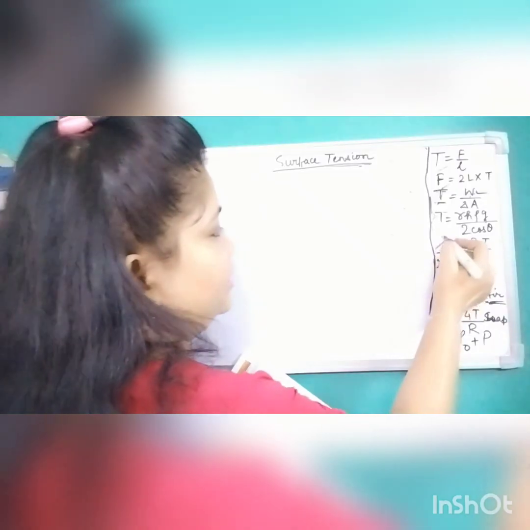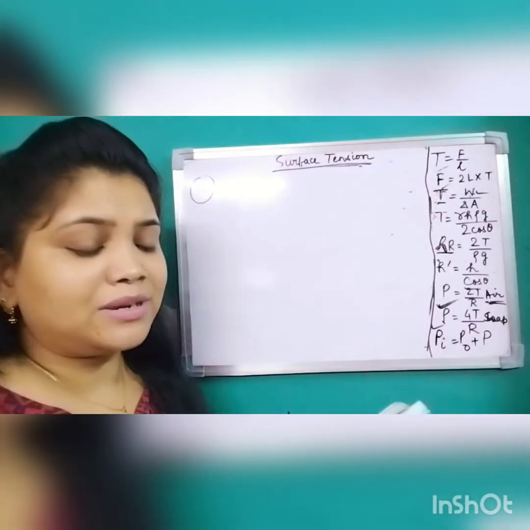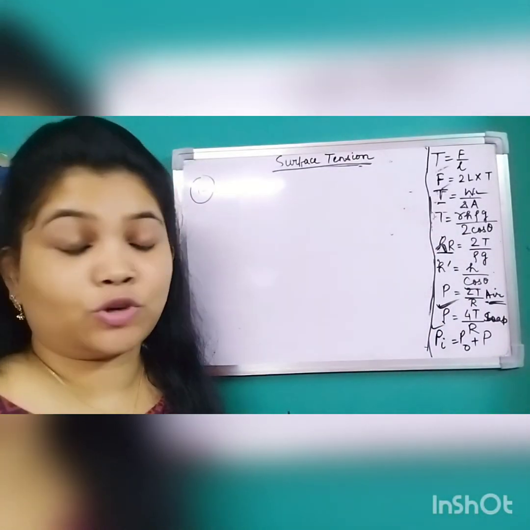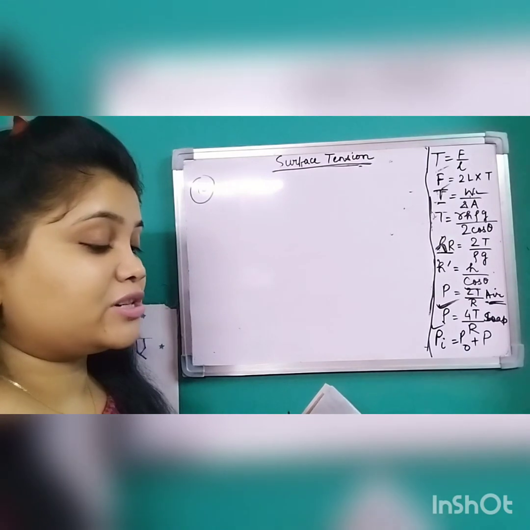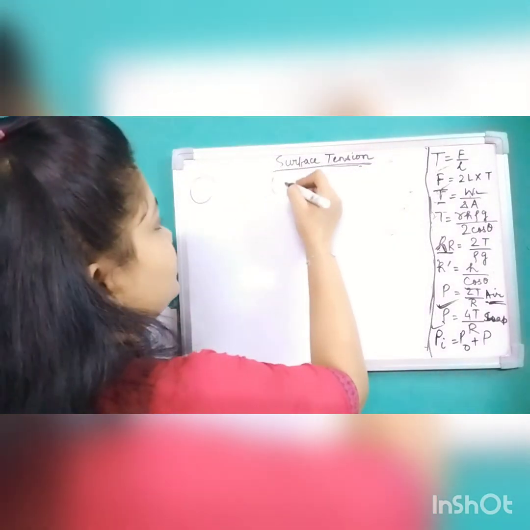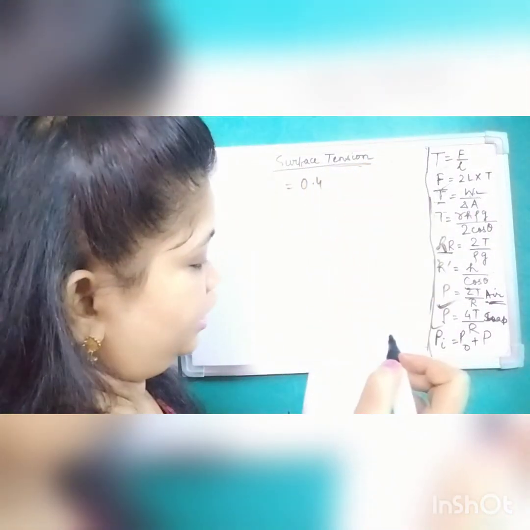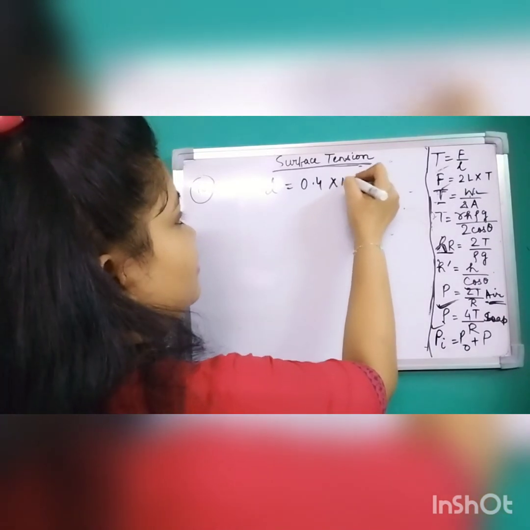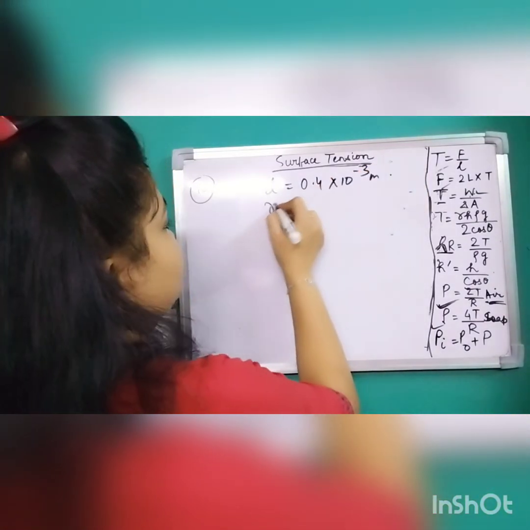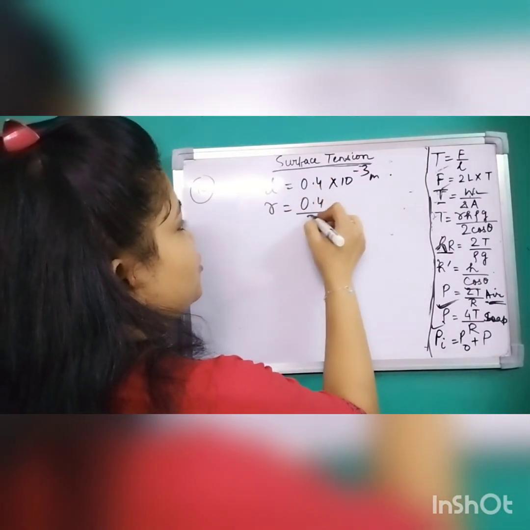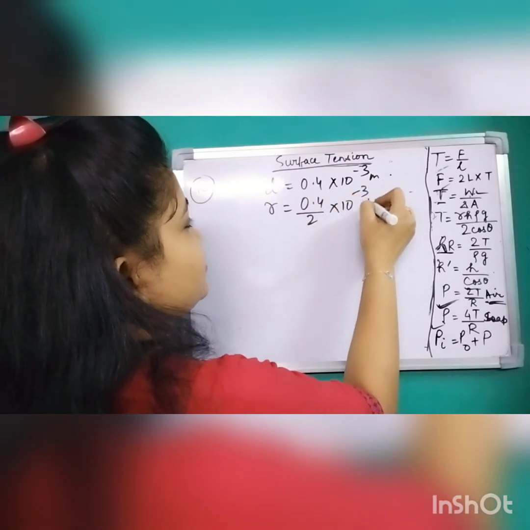Sum number 18 is a capillary rise sum, very easy. The diameter of a capillary tube D is given as 0.4 into 10 to the power of minus 3 meters. So we have to find out the radius: 0.4 by 2 into 10 to the power of minus 3 meter.